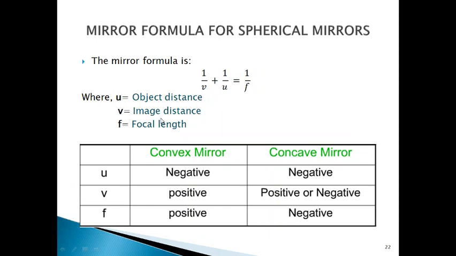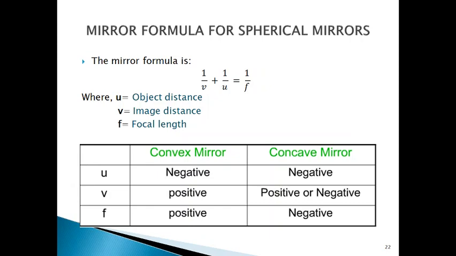Means the distance of image from the pole of the mirror is called the image distance. Okay. And what is for f? f, you have already learned that it is the focal length.